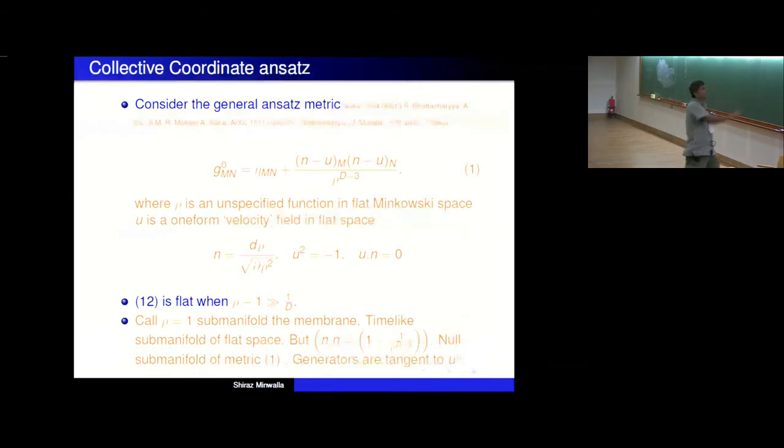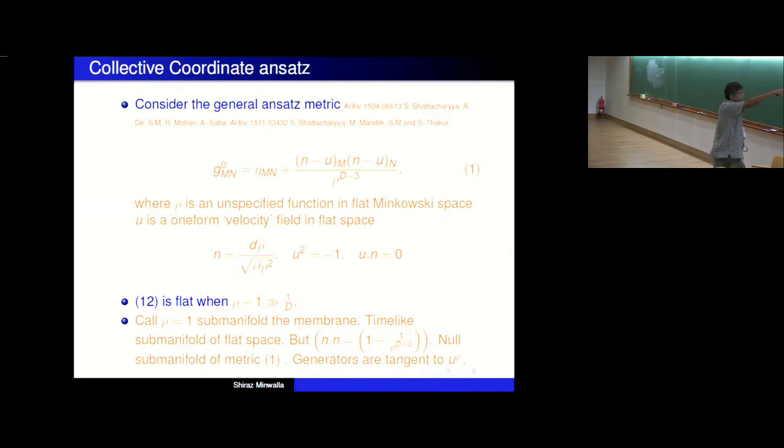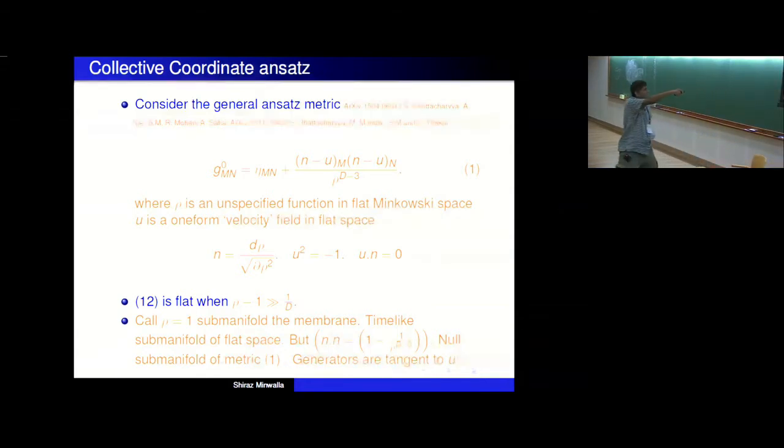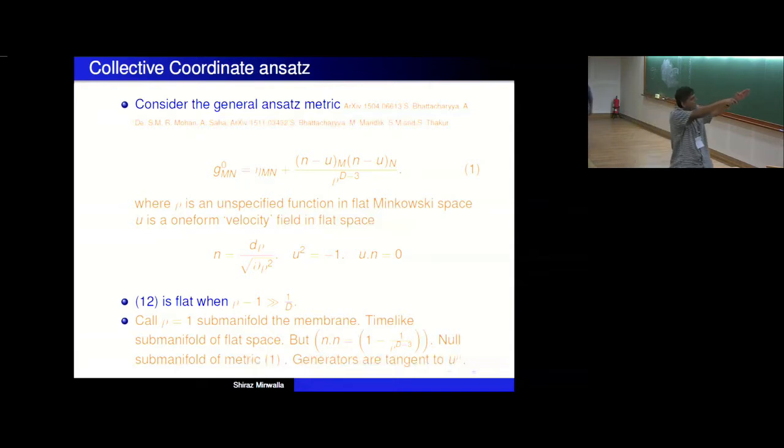Now consider this metric. This metric is just a metric, so far it solves no equations, but there are many interesting things about this metric. The first thing that's interesting is that when rho exceeds 1 by more than 1 by d, this metric reduces to flat space.